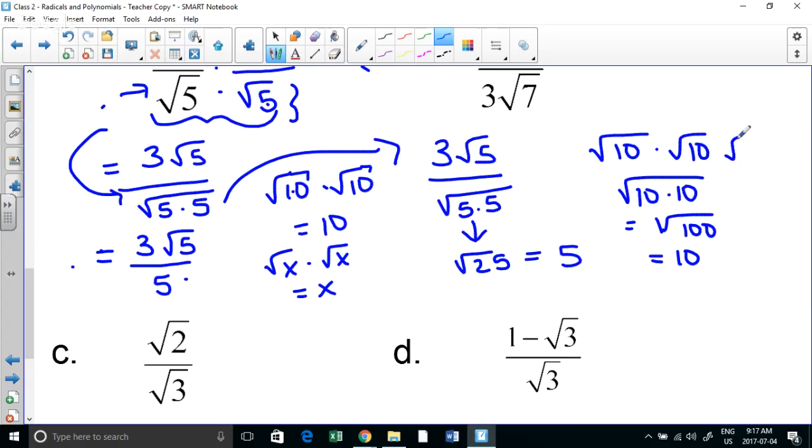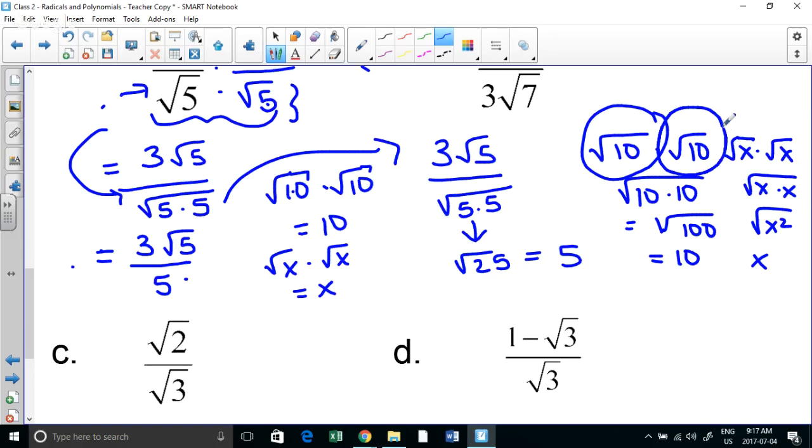If I have the root of x times the root of x, this gives me the root of x times x, x squared, which we know comes out as just an x. So the idea is that whenever we multiply something by the exact same radical, we just get whatever we had underneath the radical as our solution.